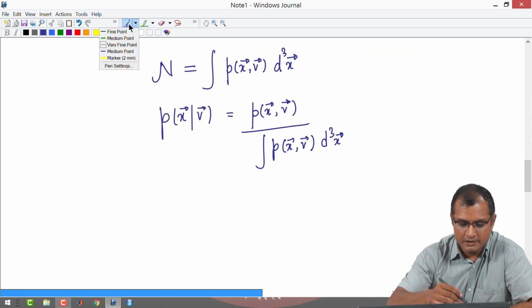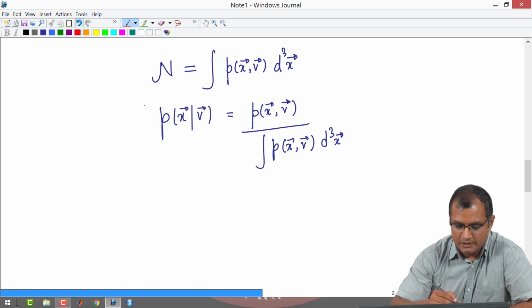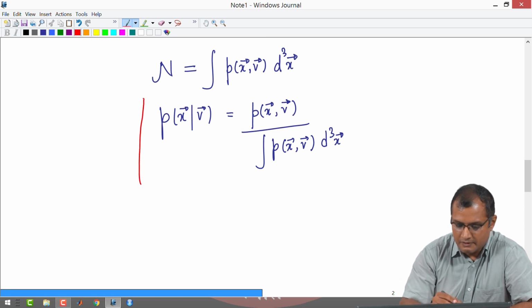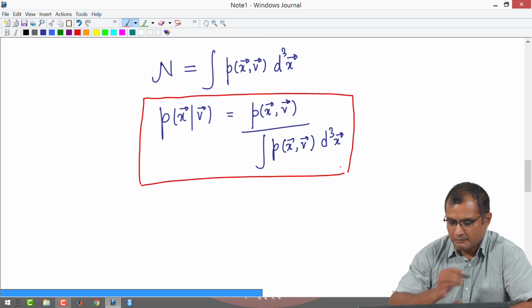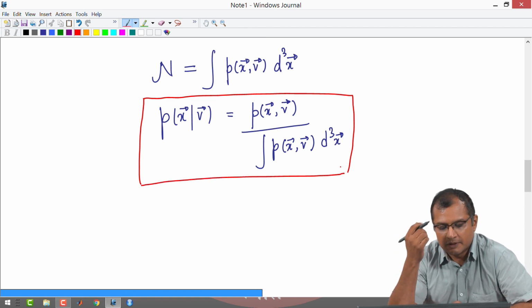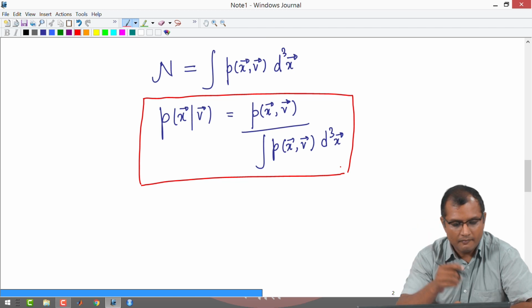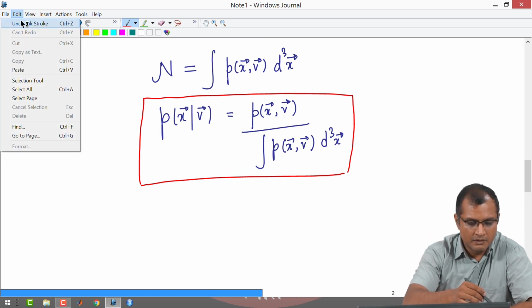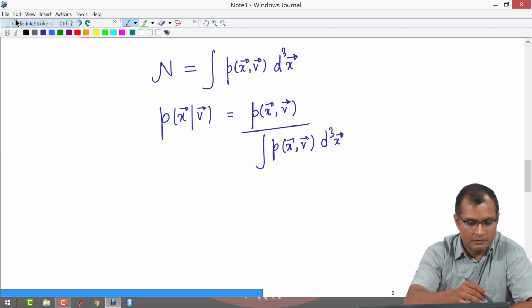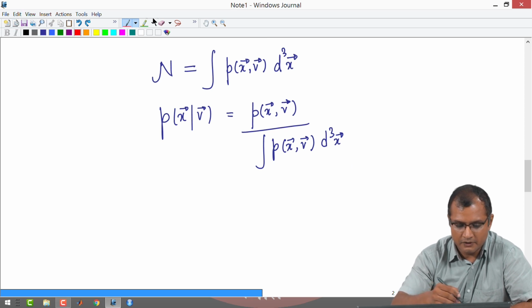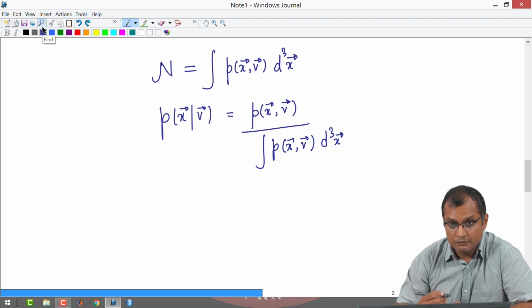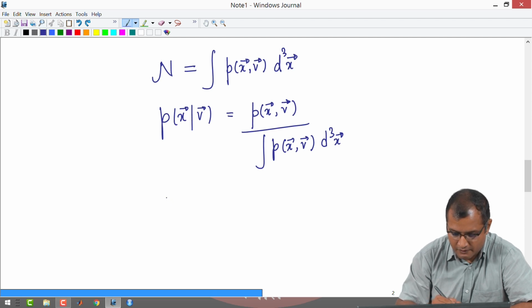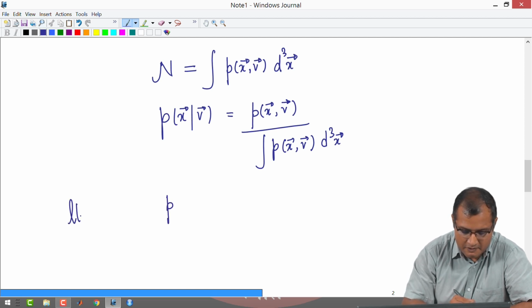And you could also write down the result for the conditional probability for velocities.